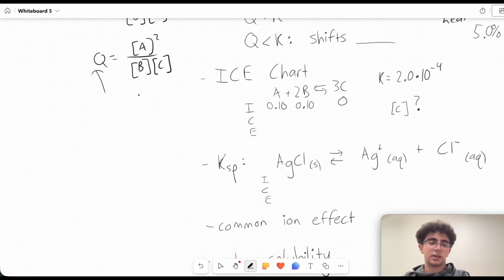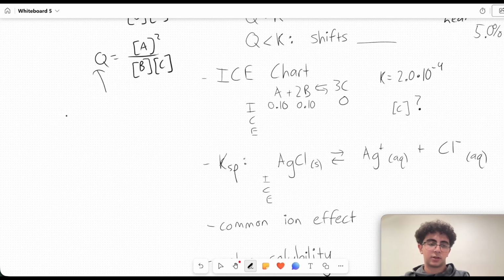So let's say you calculate Q, and it's less than K. I like to just put it on a number line. So here's my number line. 1 is here: anything past this favors the products, anything past this favors the reactants. We don't even need this one, to be honest. But let's say your K is here, and then I find my Q to be bigger.